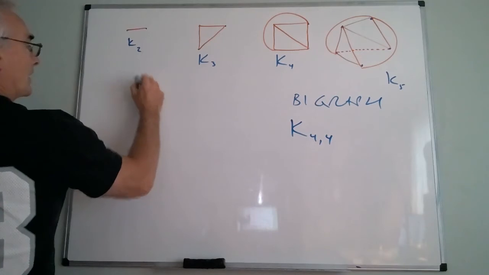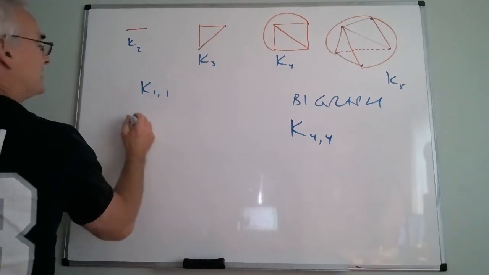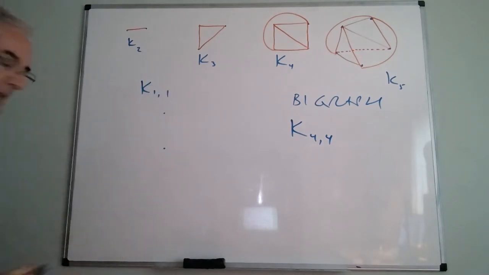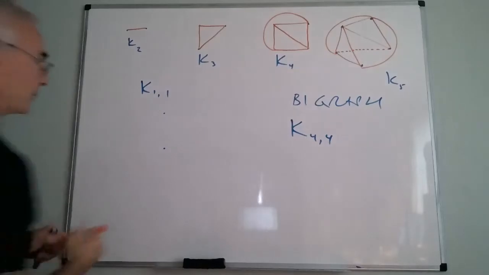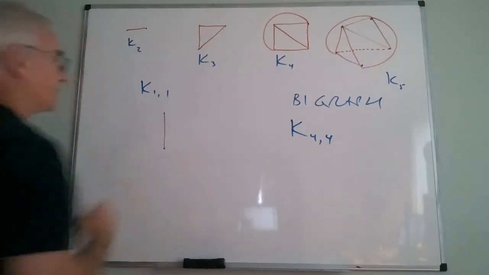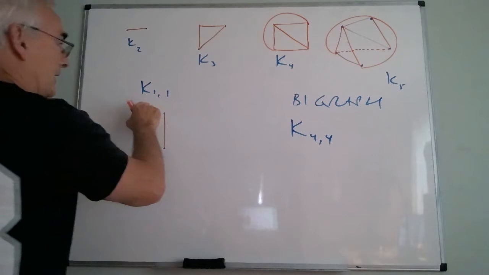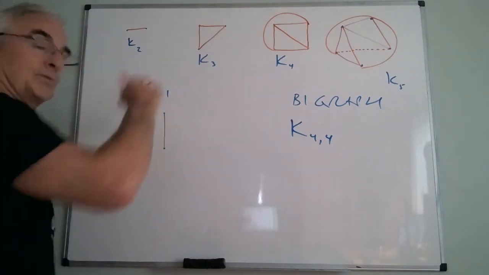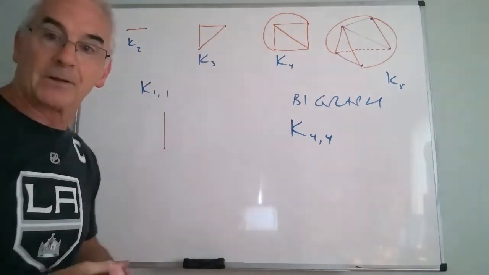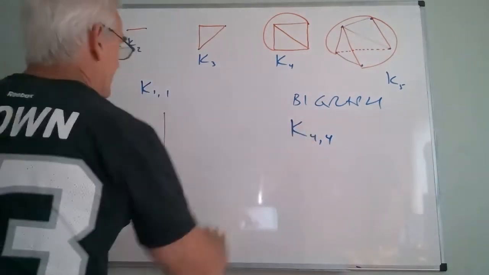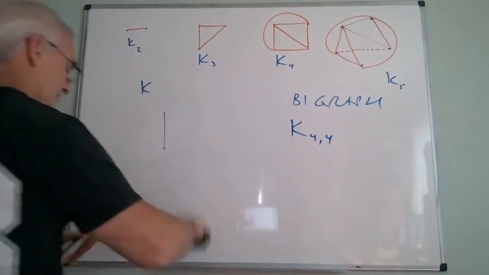Let's do something really boring. K11. There's my K11. Well, I'm pretty sure all I got to do is do this. All right. K11, not an issue. Now I could do K21, I could do K12, I could do K27. That doesn't matter. So let's leave the numbers the same for a moment, just to make it easier on ourselves.